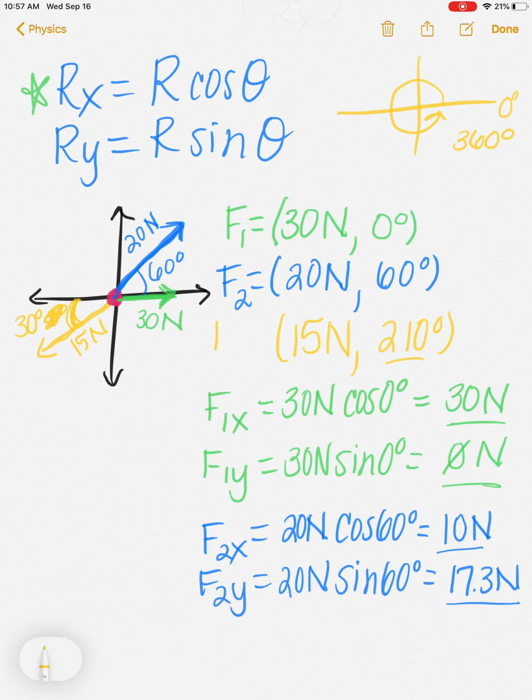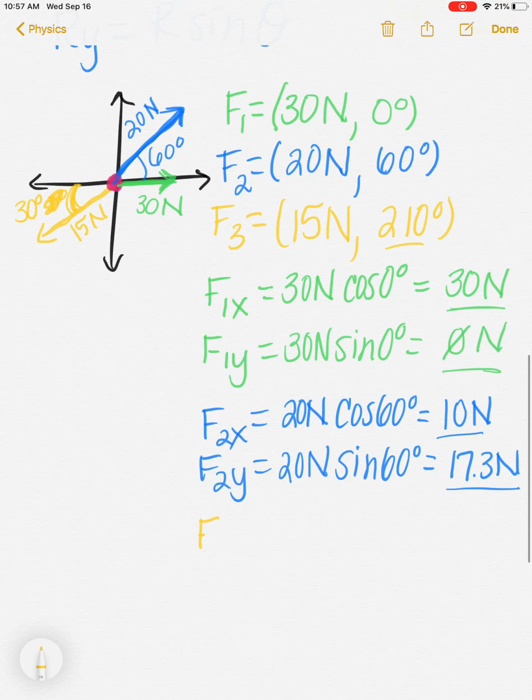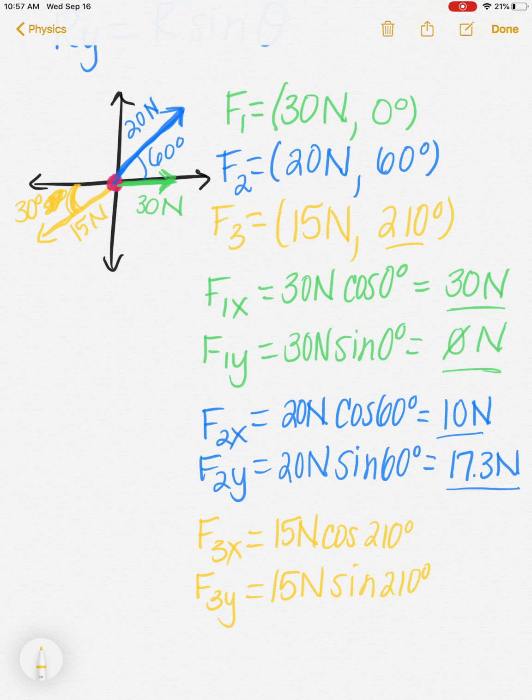All right, next we must resolve force 3 into its x and y components. So F3x, F3y. All right, we're going to take 15 newtons times cosine of 210 degrees. Then we're going to take 15 newtons times sine of 210 degrees.